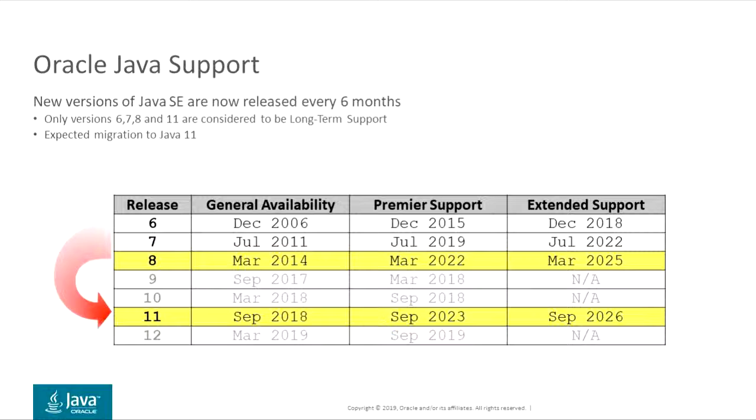So is 12, and then as we release new versions, we make a decision as to which next one will be long-term supported. So you could look at that table and decide which versions you could use as an experiment and which versions you really want to use as your basis of production.